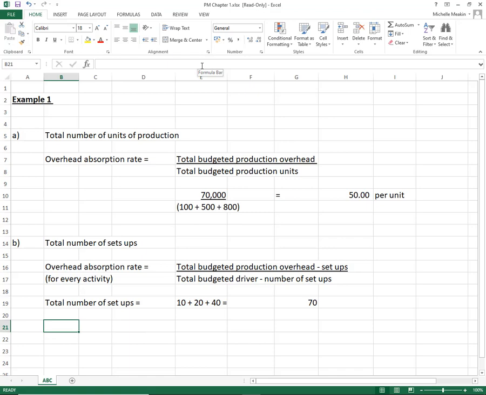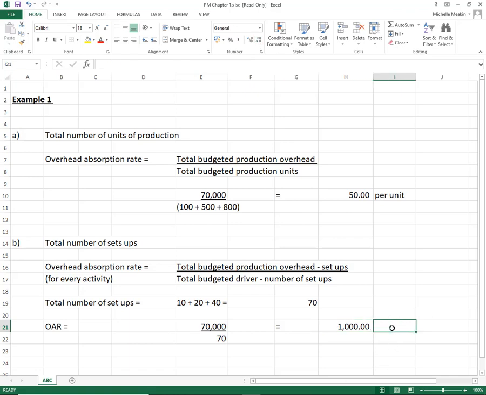So when we come to actually calculate our overhead absorption rate, or OAR, we will work it out by taking the budgeted overhead of 70,000, dividing it by the budgeted number of setups, 70. And what that does is it gives us an amount of 1,000.